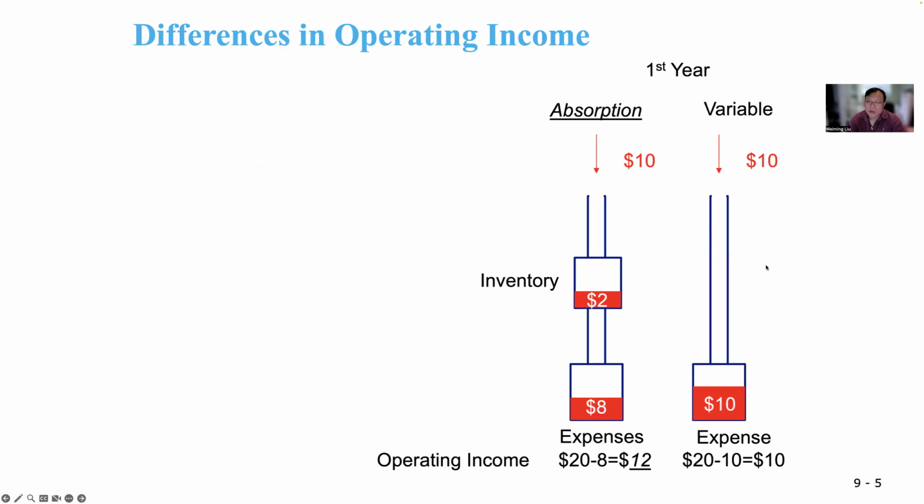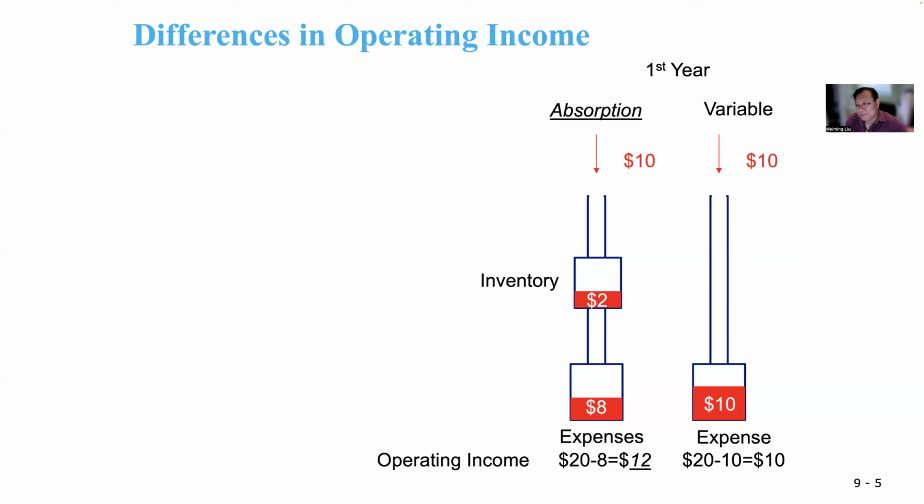So I'm going to use one example to illustrate how the operating income may differ under different costing, okay? And then how to reconcile the two operating income numbers. So suppose this is an operation in the first year, and suppose the revenue is $20 and $10 is the fixed manufacturing overhead.